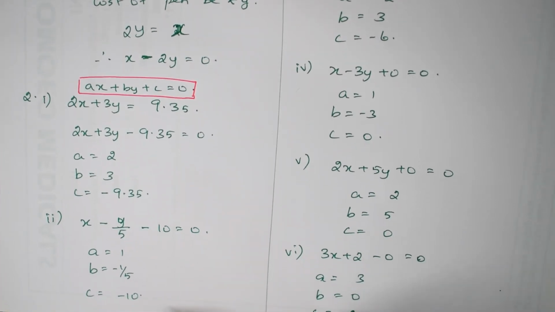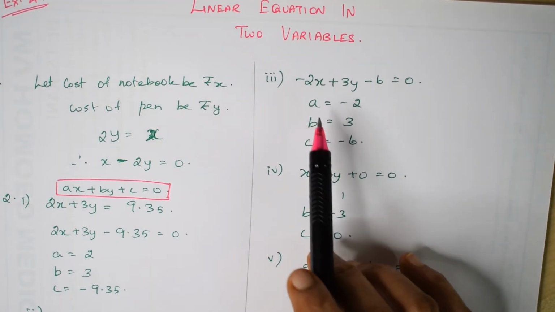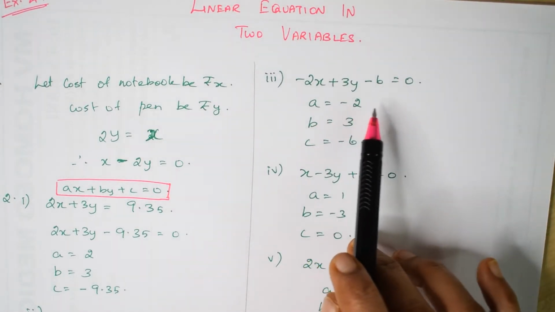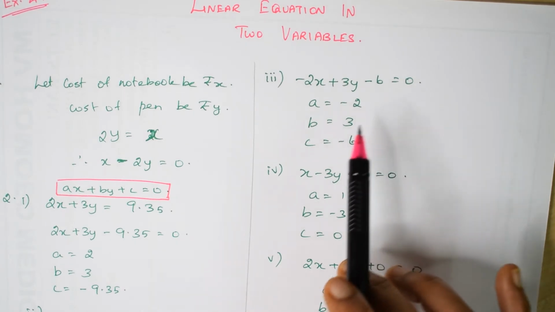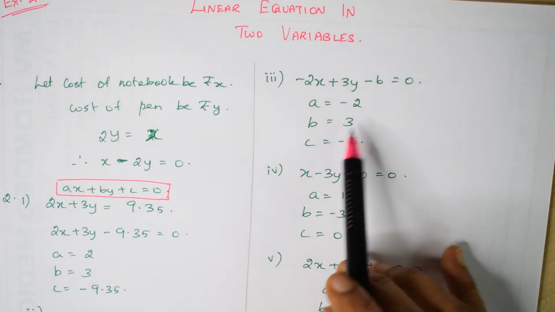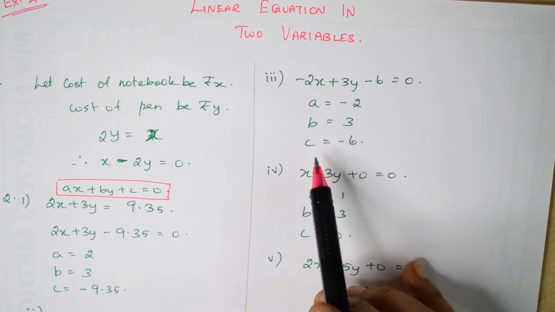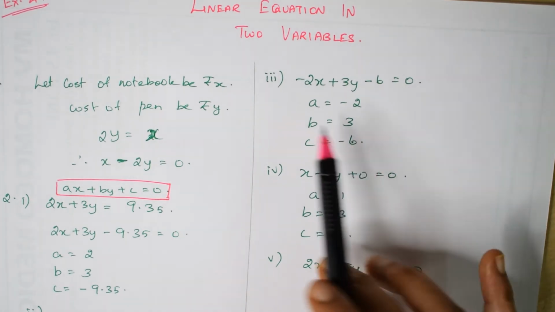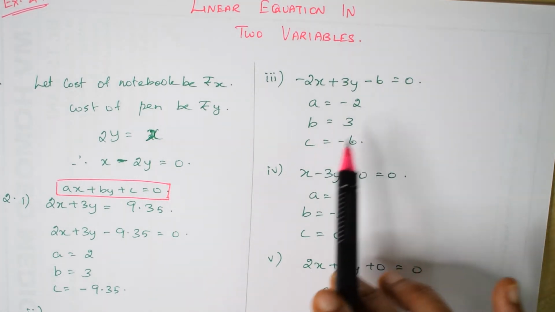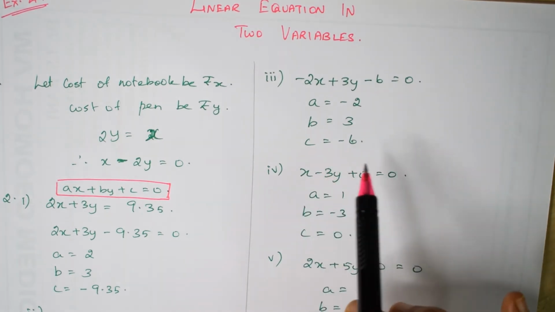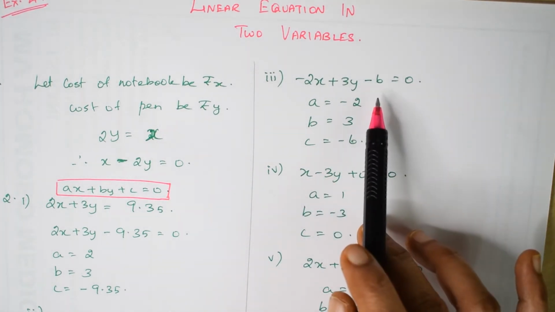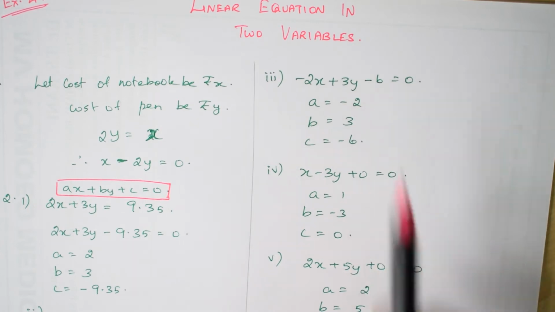Okay, I think you all got it. Okay, next question. The third sum, minus 2x plus 3y minus 6 is equal to 0, and here a's value is minus 2, b's value is 3, and c's value is minus 6. It's just a normal equation. We have to write the coordinates properly, and they have already brought the constant from the right hand side to the left hand side.